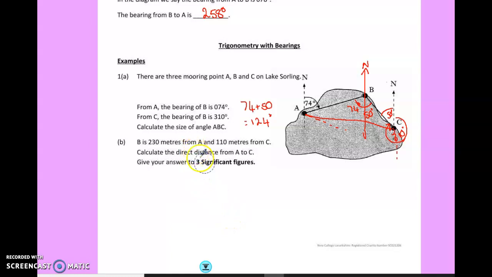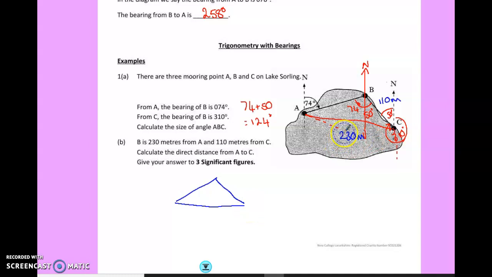B is 230 metres from A, so there's 230 metres. And B is 110 metres from C, so that's 110 metres. Calculate the direct distance A to C. Right, my diagram's got a bit messy here, so I'm just going to draw out my triangle again. I think I've put that 230 in the wrong place, haven't I?